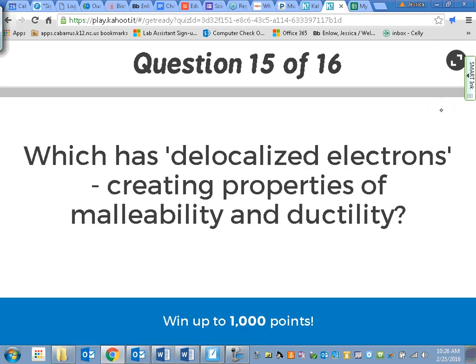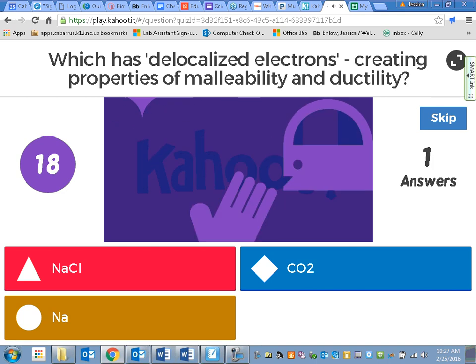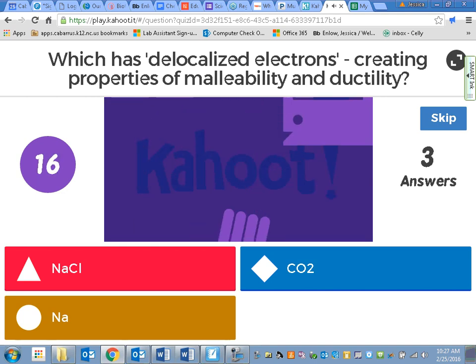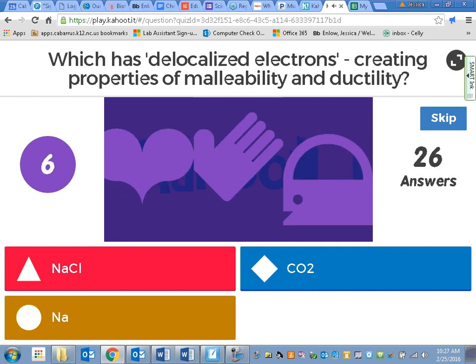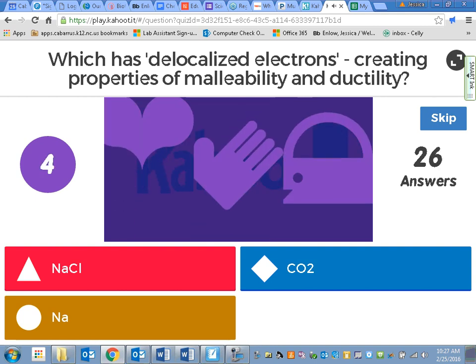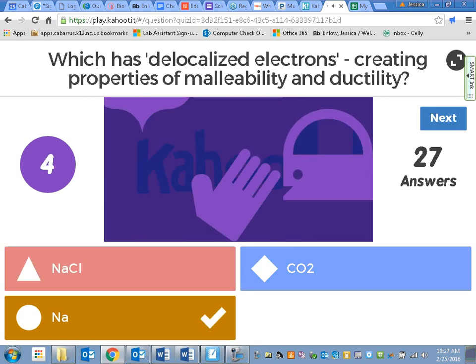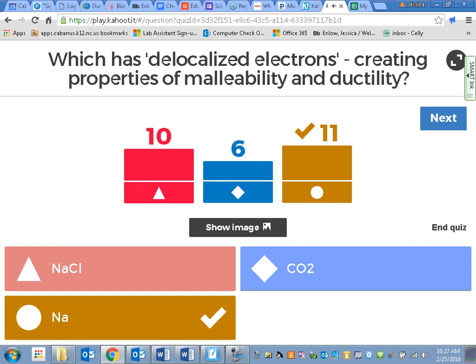Okay. Which has delocalized electrons, creating properties of malleability and ductility? I knew this would be the hard one.